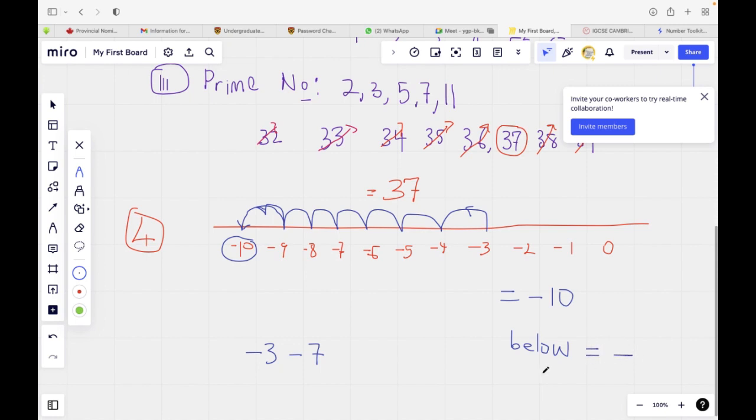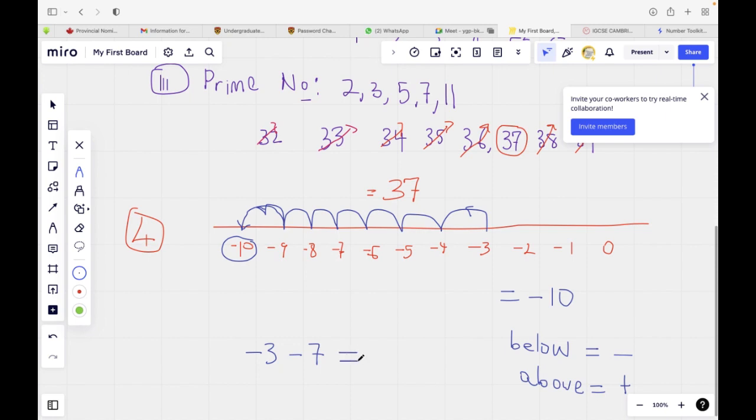In this context, when they use temperature, below or fall means negative, and above or rise means positive. So any temperature below -3, you say -3 minus 7.